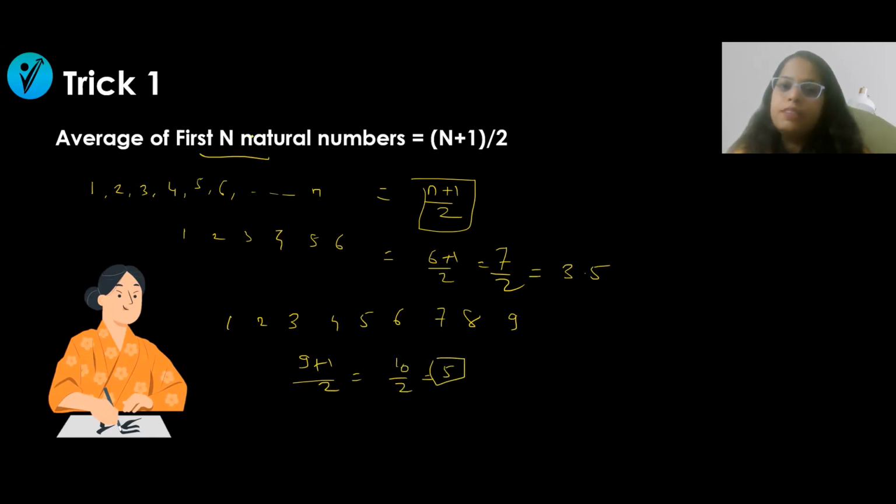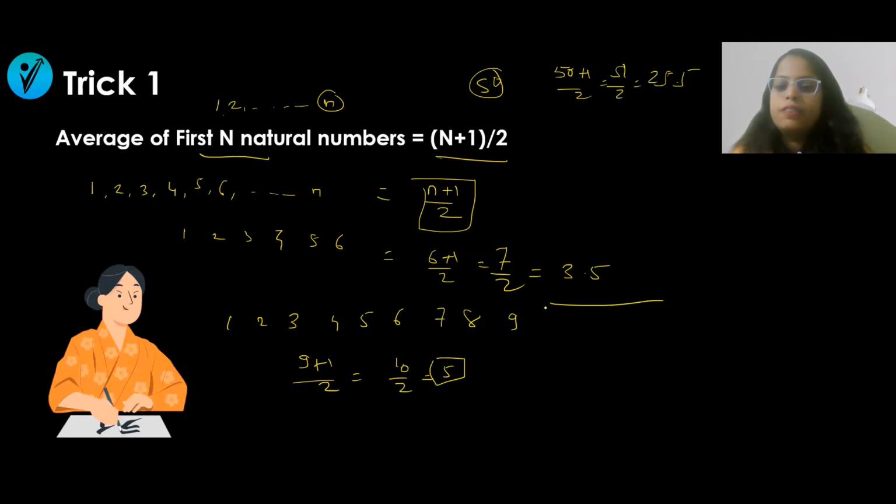So whenever there are first n natural numbers, which start with 1 and so on up to n, whatever is the last term, you have to add plus 1 by 2, that means 51 by 2, which will be equal to 25.5.